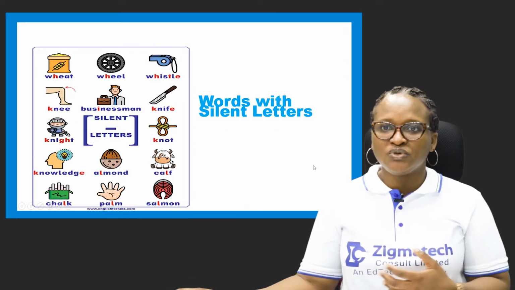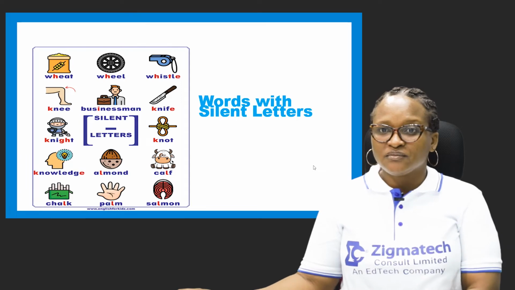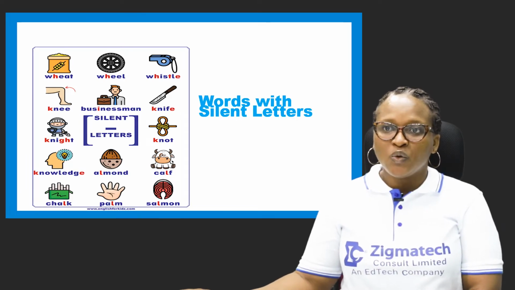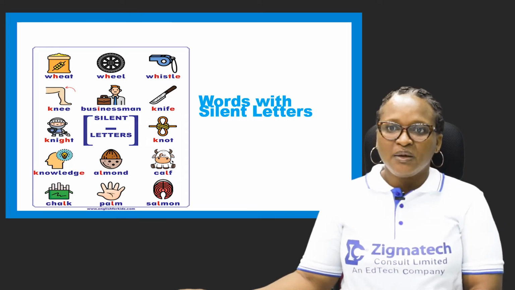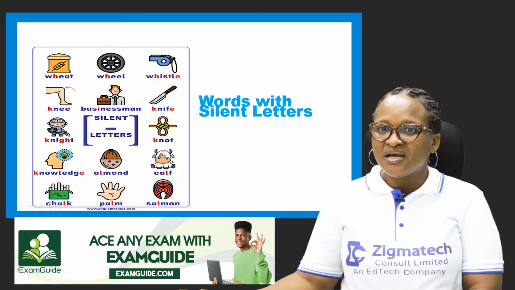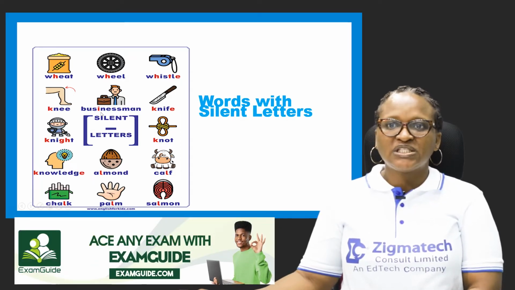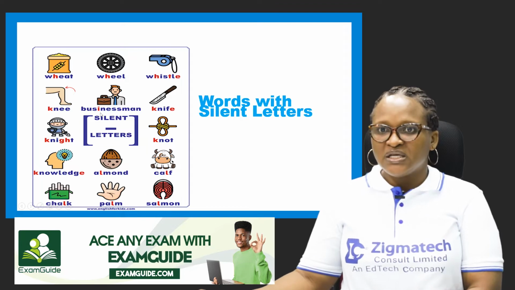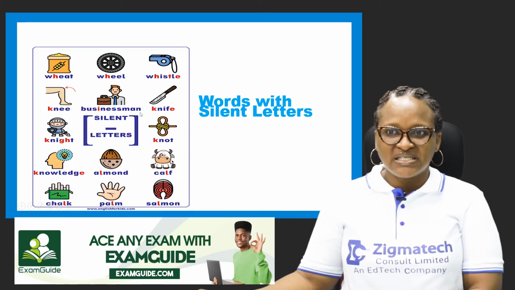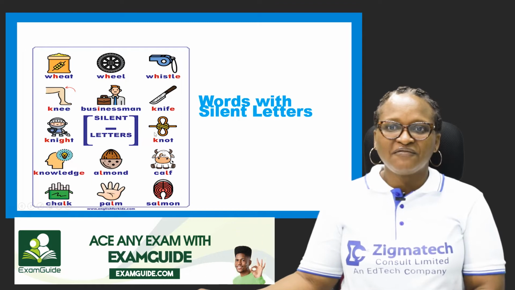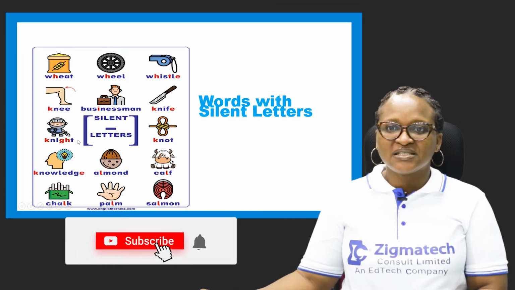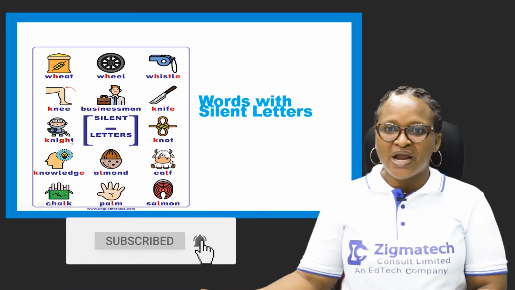We have other examples. Wheat, wheel, whistle, knee, business. The I is not pronounced. Business, not business-man. You see the other ones, knife, night. In the word night, we see that GH is not pronounced.